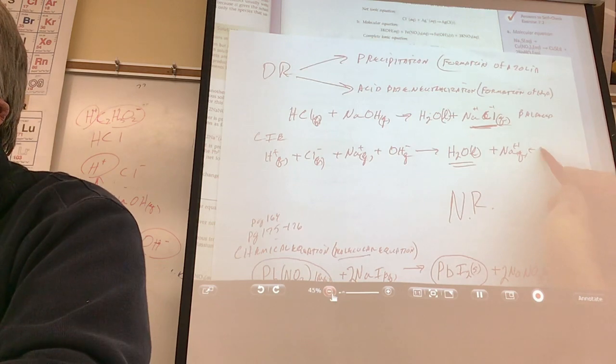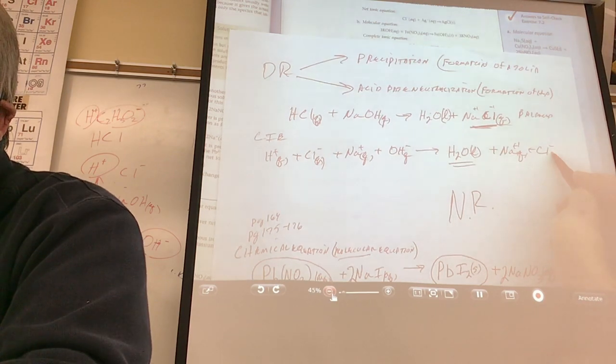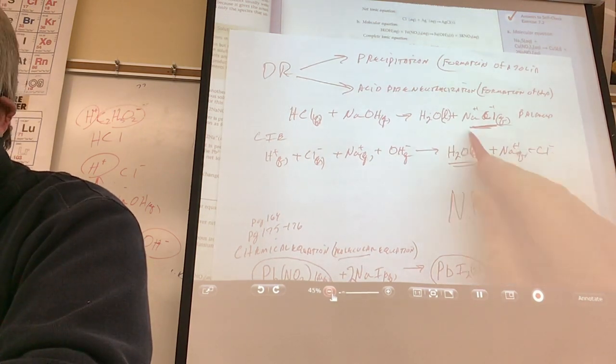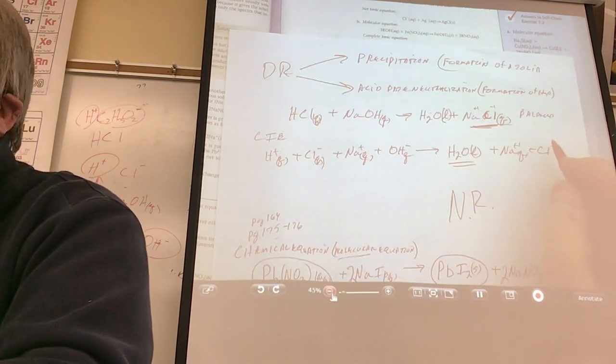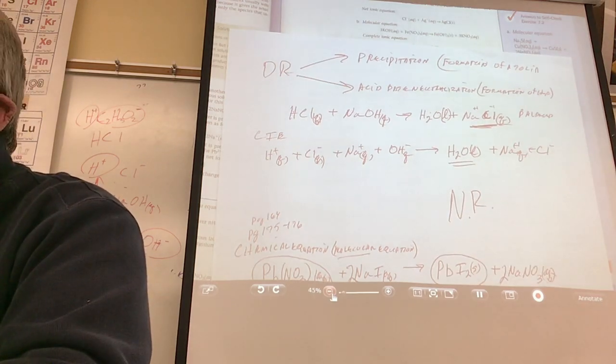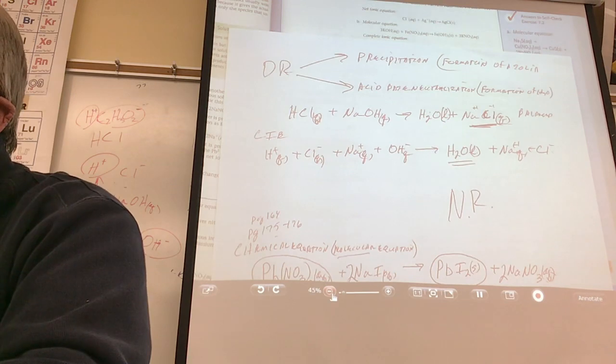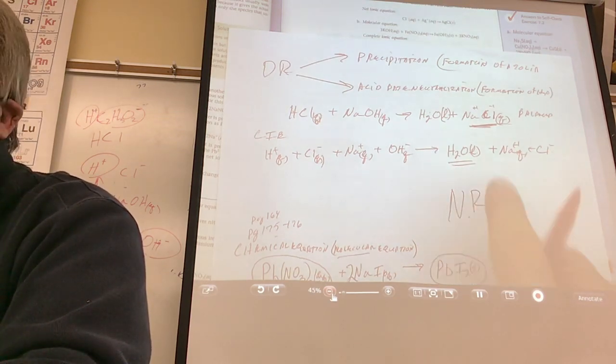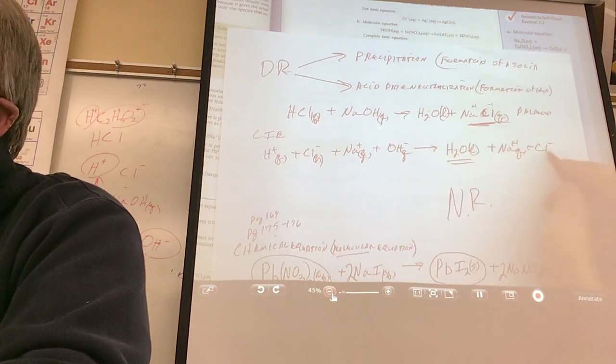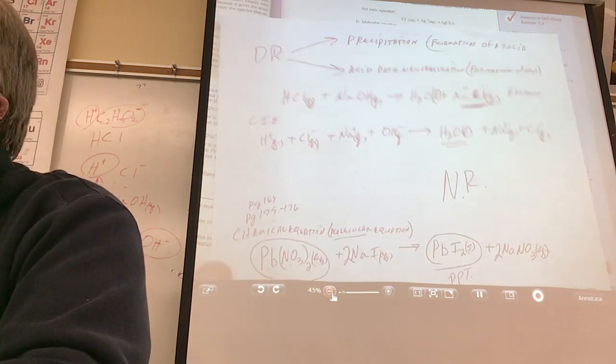Plus NaCl. Is this an ionic compound? Yes. What's it made of before you put it in water? Ions. And this was aqueous, right? So now we have sodium ions and what? Chloride ions, right?